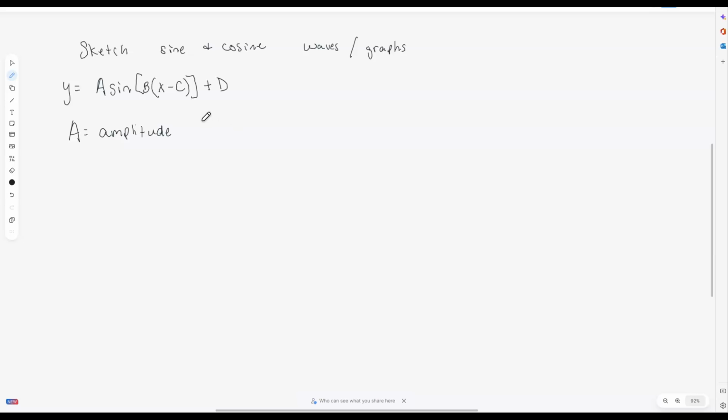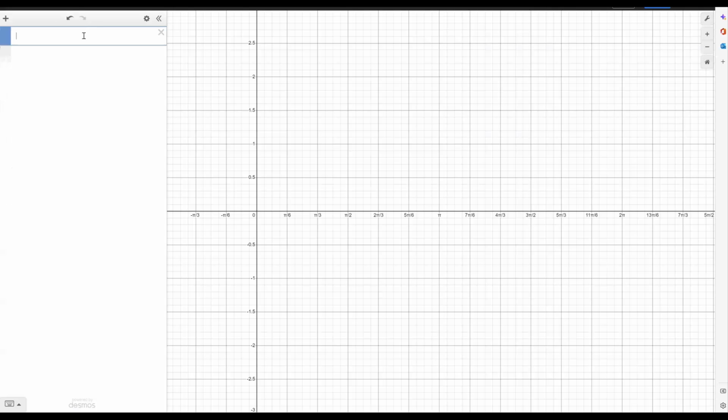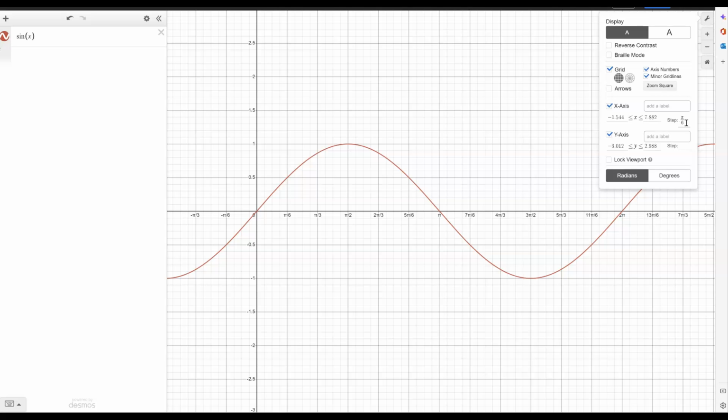I'm going to be switching back between this whiteboard and the Desmos online graphing calculator, just so that you guys can see. So let's look in there real quick. I'm just going to start with the sine of x function.